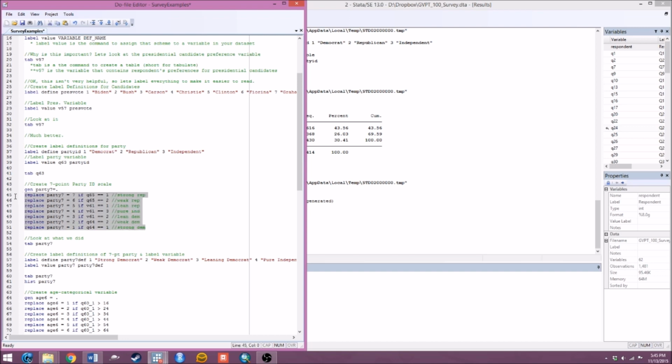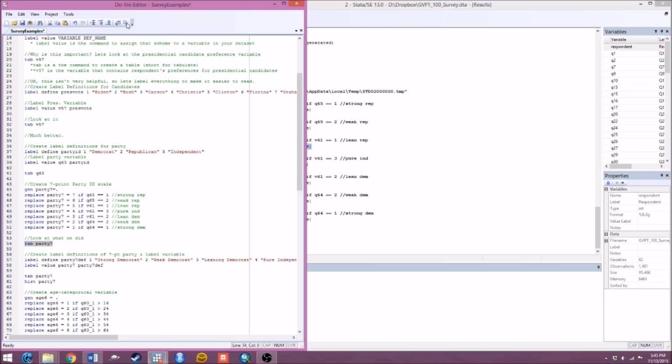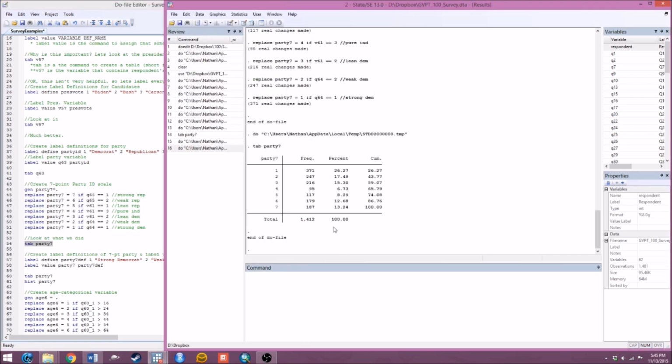So what I can do is run this, and we can see that Stata has made some actual changes, and that seems good. Okay, so let's go ahead and tab it out, and it seems plausible. Yeah, so look, we have about 6.75% of our sample actually consider themselves independent, which is sort of what we would expect.